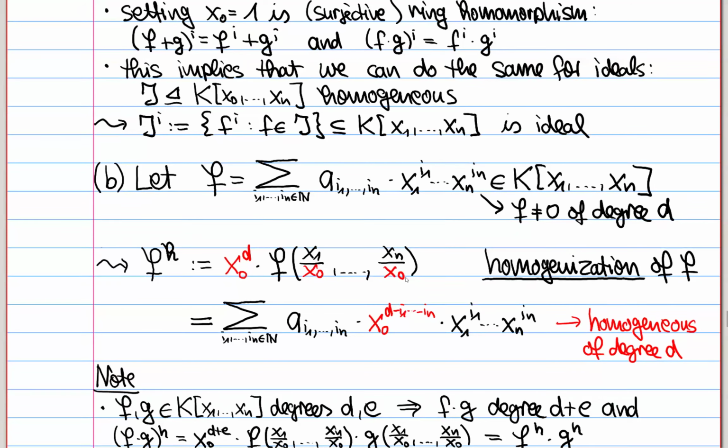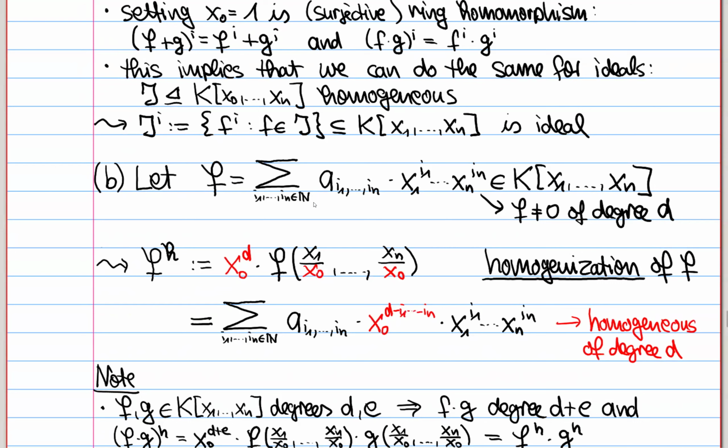If you stare at this for a bit, you can see this is again a polynomial, because the highest power of the denominator that can appear is x0 to the d, and by multiplying with this, you clear all denominators. So you get back a polynomial.